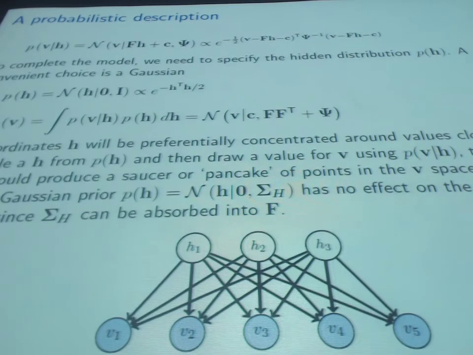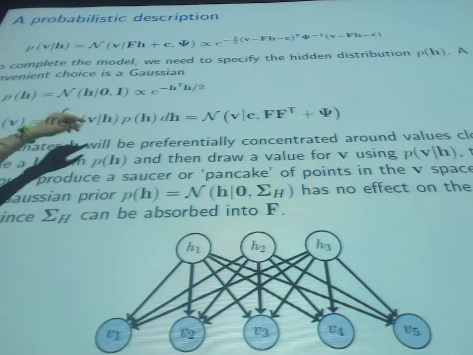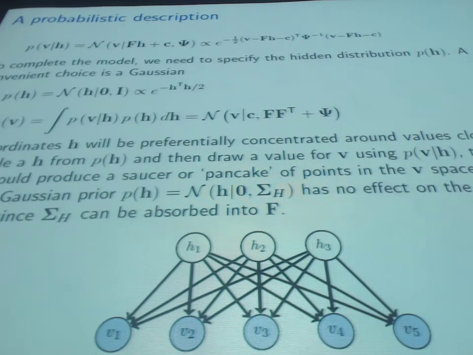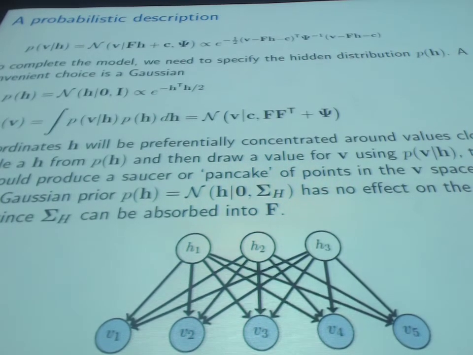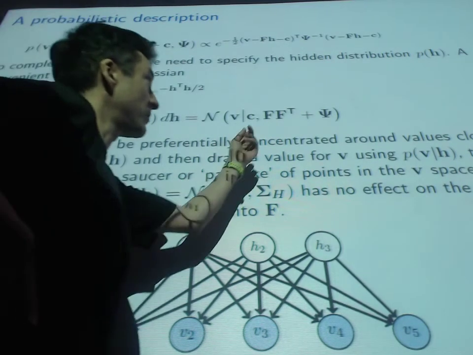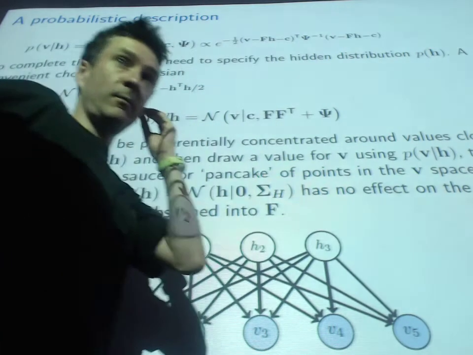So if we were then to say what is the corresponding probability distribution for the data, P of V, we'll get that by just integrating P of V given H times P of H over H. And that is going to give us a Gaussian distribution in V, with mean given by C, and covariance matrix given by FF transpose plus psi.